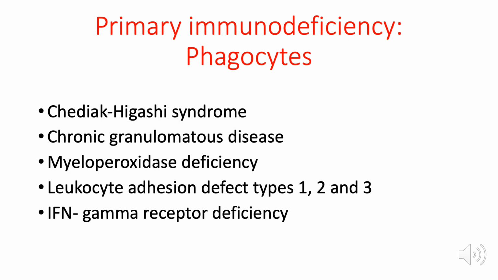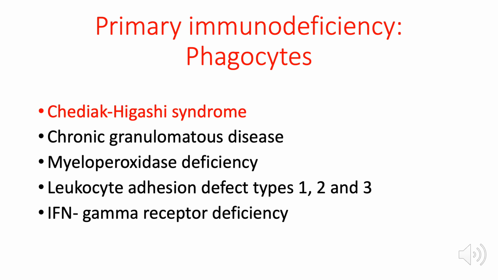Let's start with the primary immunodeficiency disorders affecting the phagocytes. And we have the following: Chediak Higashi, chronic granulomatous disease, myeloperoxidase deficiency, leukocyte adhesion defects 1, 2, and 3, and interferon gamma receptor deficiency.